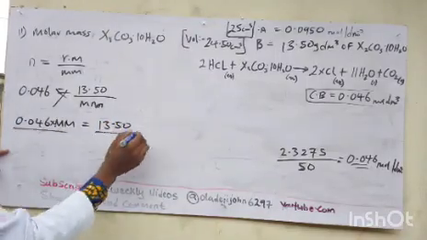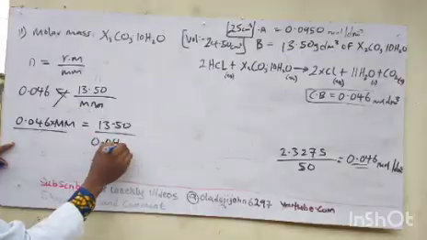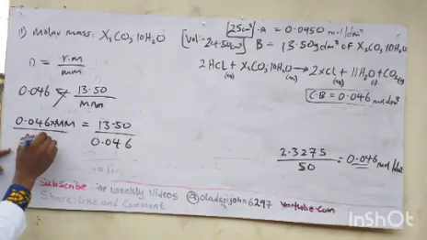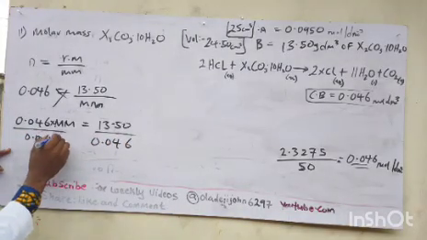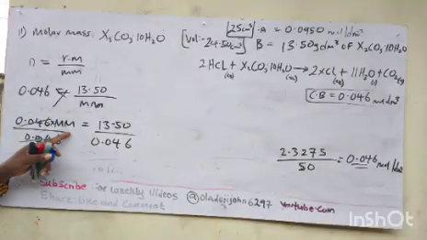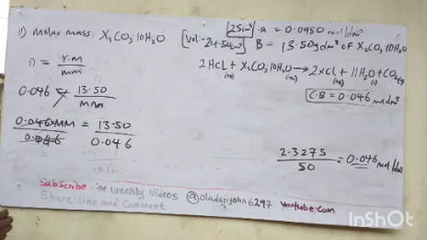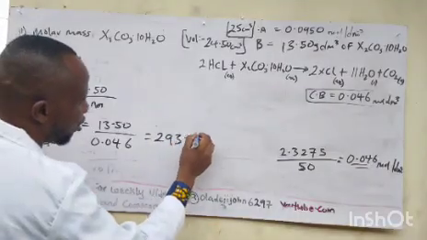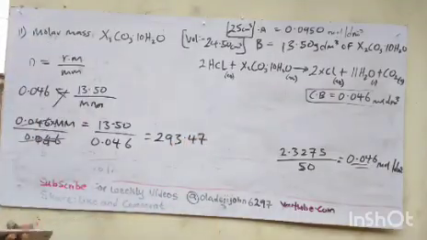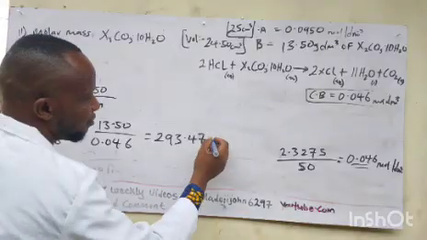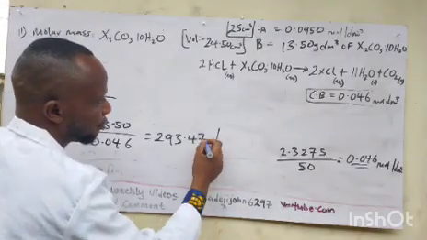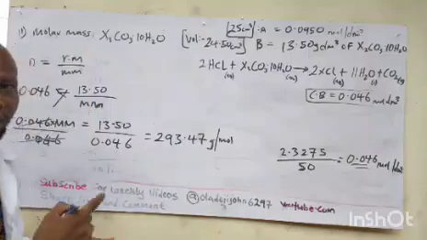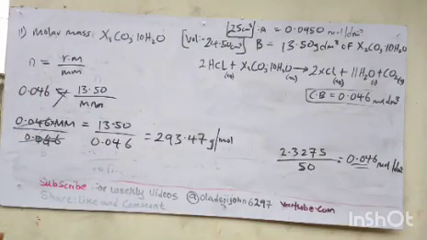So we divide through by 0.046, so this cancels out this. So our molar mass, we are left with, equals 293.47 gram per mole. Take note of the unit, as this is often very important to your accuracy.